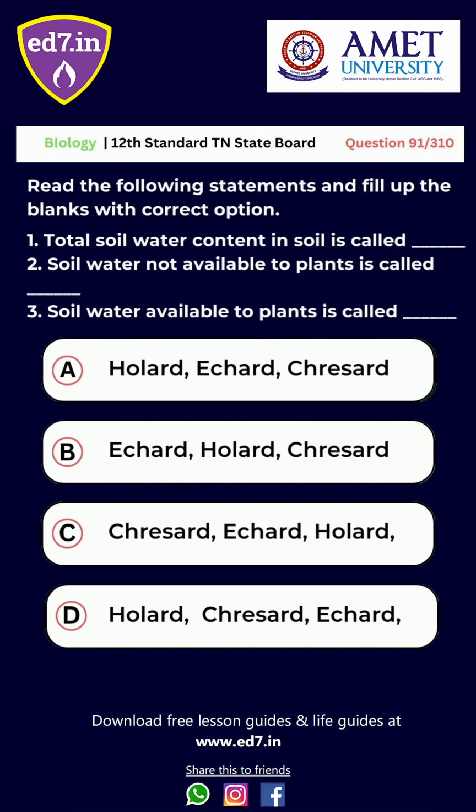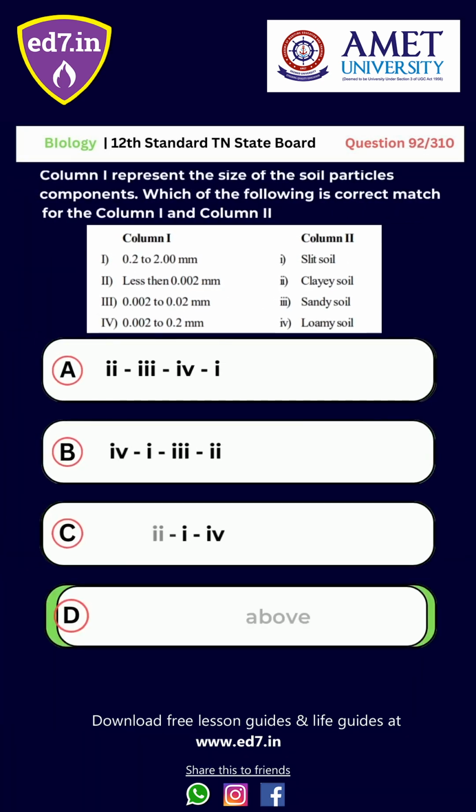The options are option A. Holard, Echard, Chresard. Option B. Echard, Holard, Chresard. Option C. Chresard, Echard, Holard. Option D. Holard, Chresard, Echard. And the right answer for the question is option A. Holard, Echard, Chresard.